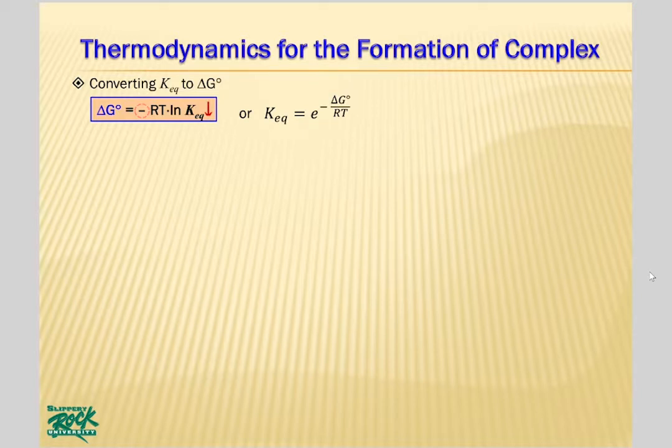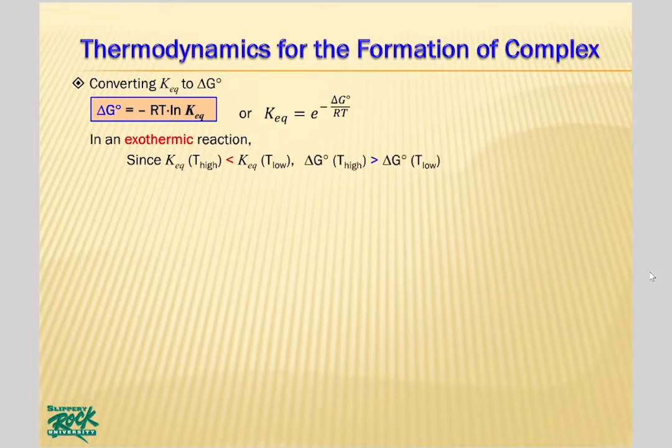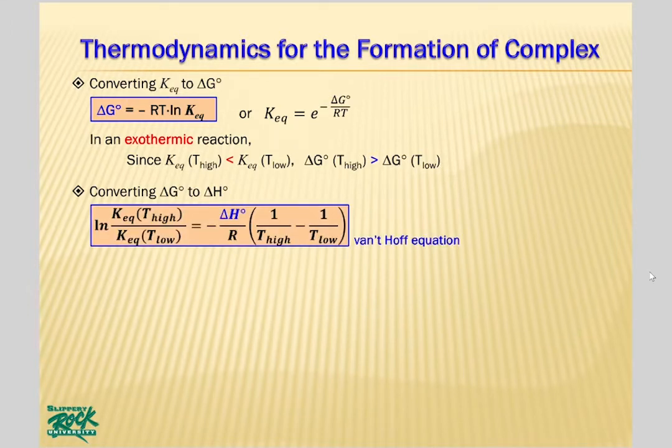As KEQ decreases, delta G naught increases. Suppose that a reaction is exothermic. Since the KEQ value at high temperature is less than the KEQ value at low temperature, the delta G naught at high temperature is greater than the delta G naught at low temperature. Delta G naught can be converted to delta H naught, utilizing the Van 't Hoff equation.